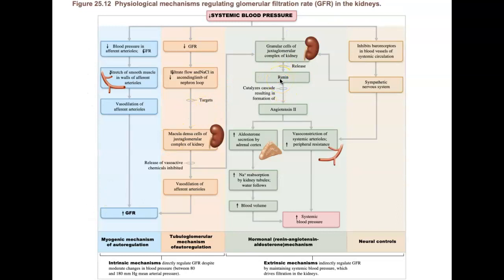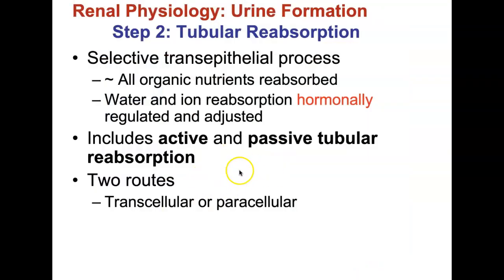There is a video on Canvas that explains the concept of the RAS system, which we outlined in the endocrine system, and also when learning the cardiovascular system. This is going to increase systemic blood pressure, which indirectly regulates GFR. You can study this image a little more closely.